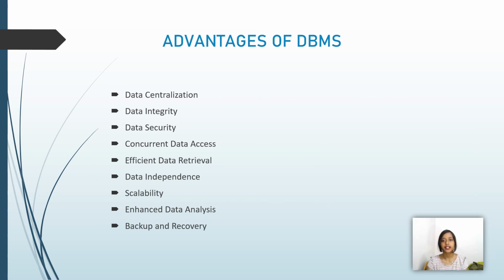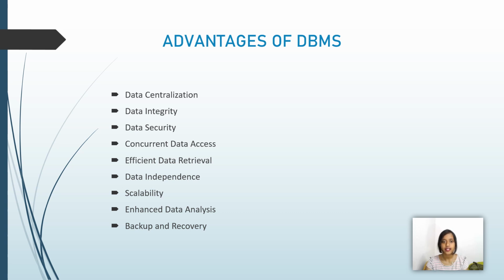Next is advantages of DBMS. The advantages are data centralization, data integrity. Data integrity means it enforces data consistency and integrity through constraints and validation rules. And then is data security. It implements access control to ensure that only authorized users can view or modify any specific data.